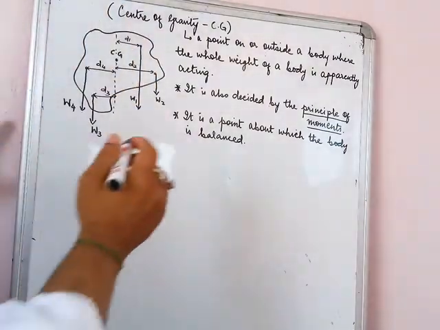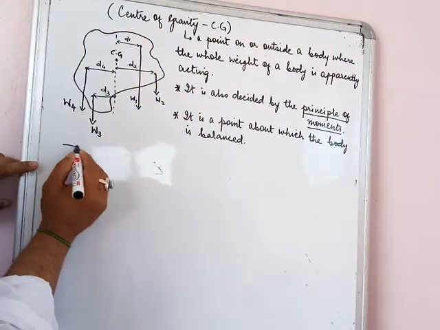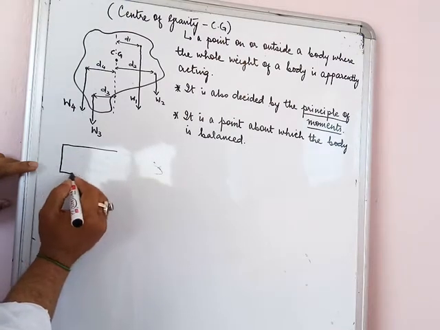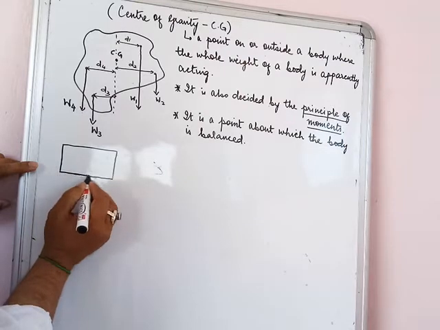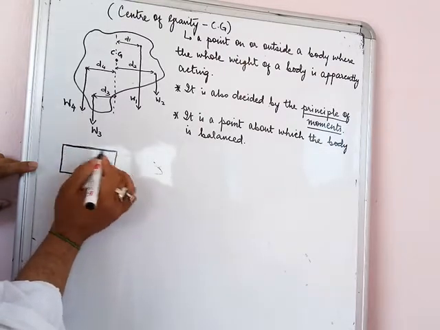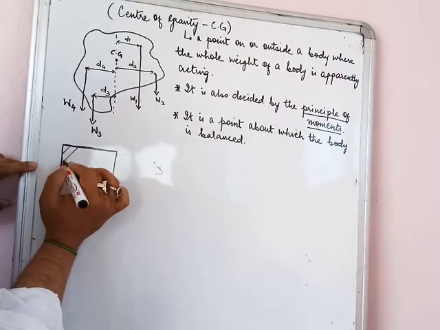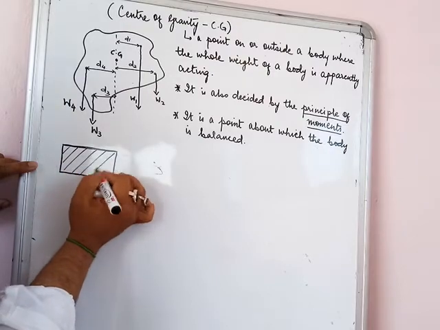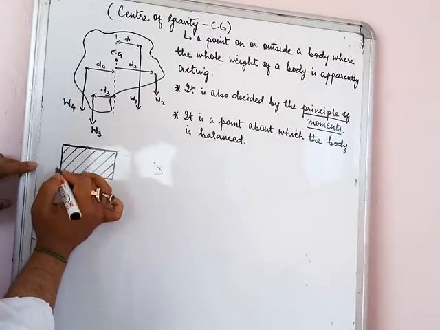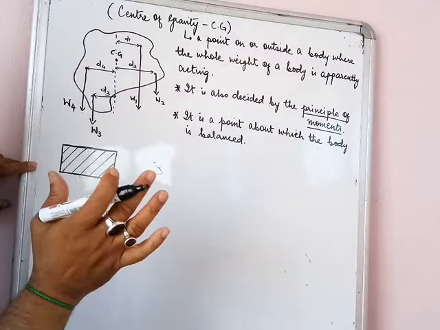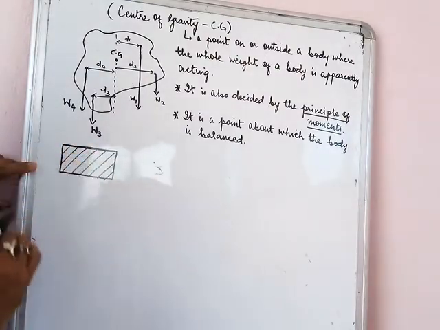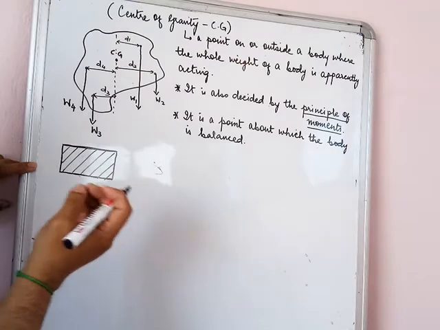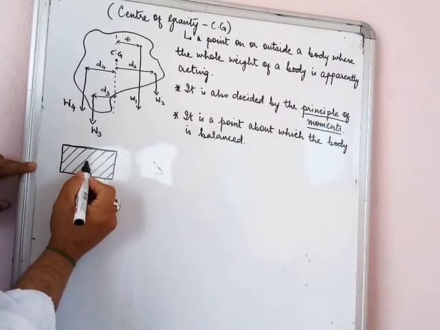Let me draw a uniformly shaped rectangle with uniform mass distributed throughout. If somebody asks where the center of gravity of this uniform rectangular cardboard is, you will say right at the center.